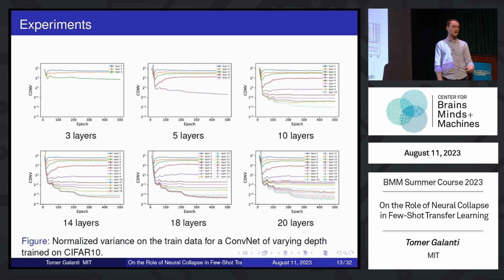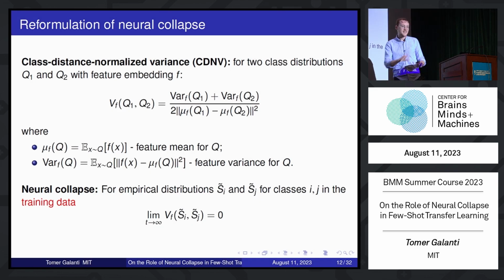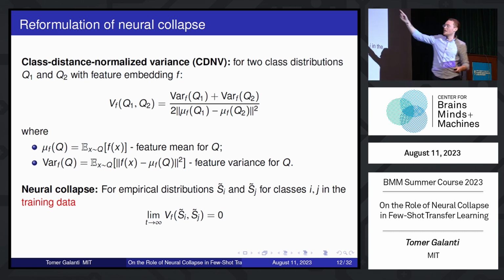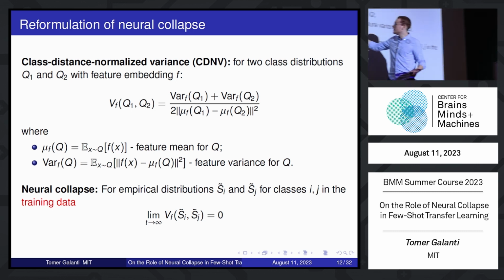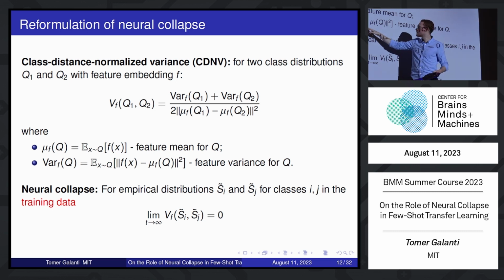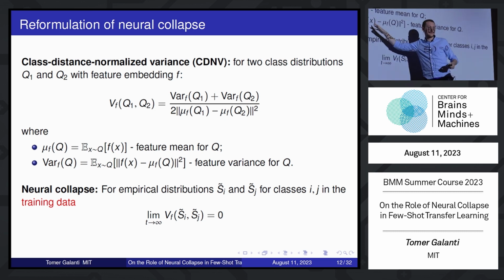So basically, let's say we have some class Q1, okay? So this is like cats, images, and we have F. This is some model that I want to measure its degree of collapse. So it's like a pre-trained model, okay? So we look at the variance of the embeddings given by F of samples from Q1, okay?